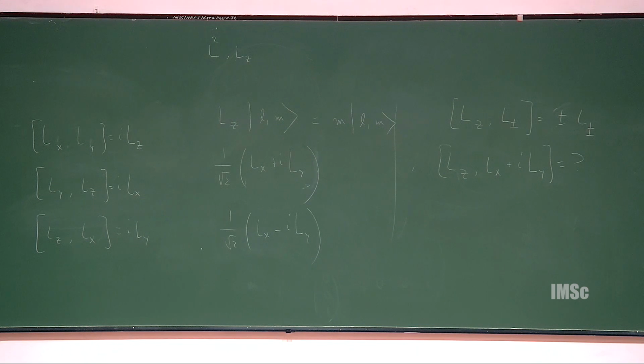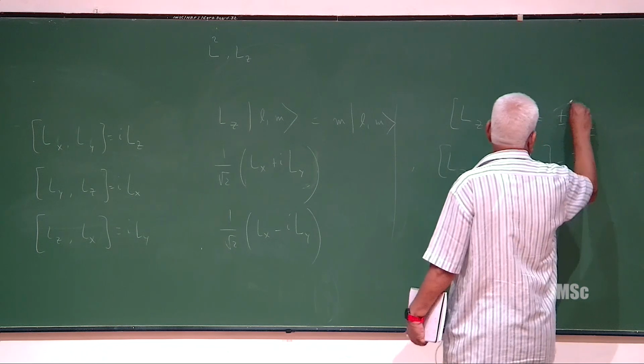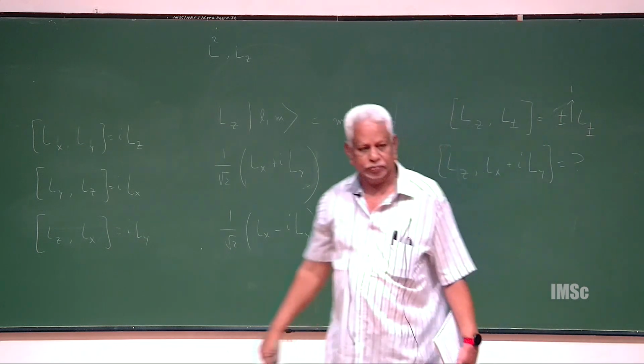L plus will take one step above, L minus will take one step down. It is a ladder. It is very simple to work out. There should probably be a factor of i also; you can check.